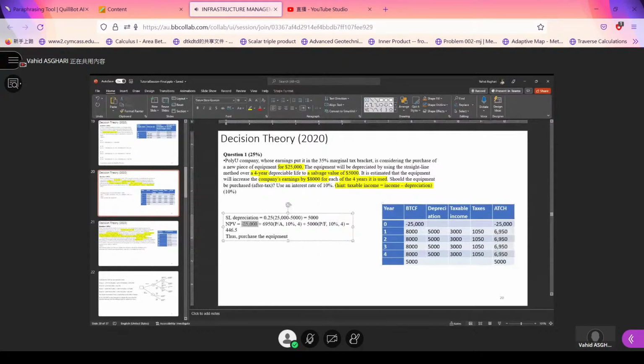Using the net present value, minus 25 plus $6,950, find the present worth, and then after 4 years, they're going to sell it. Finding the present worth, again using the interest rate, and because the net present value is positive, let's purchase it. Any question and any problem with this question?